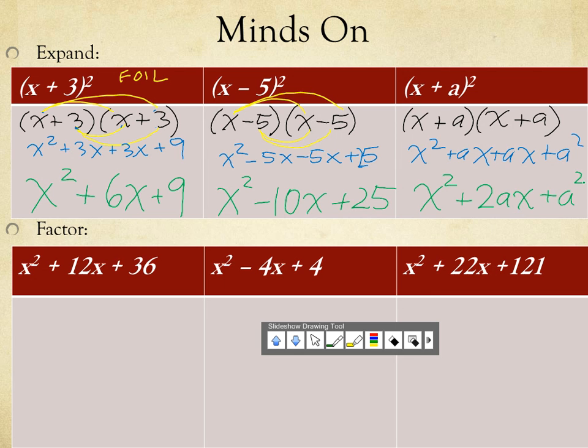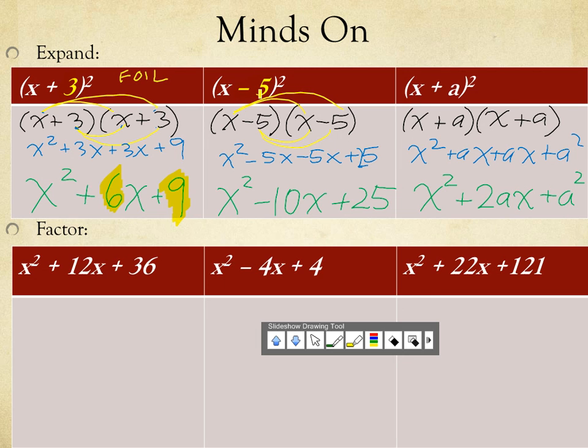Okay, what I want you to notice at this point is that there are some interesting things about all the numbers that we just did. So notice that this 3 was in that first expression. And then when we FOILed it out, we got a 6 in the middle and a 9 on the end. In the next one, we had a negative 5 in the middle.